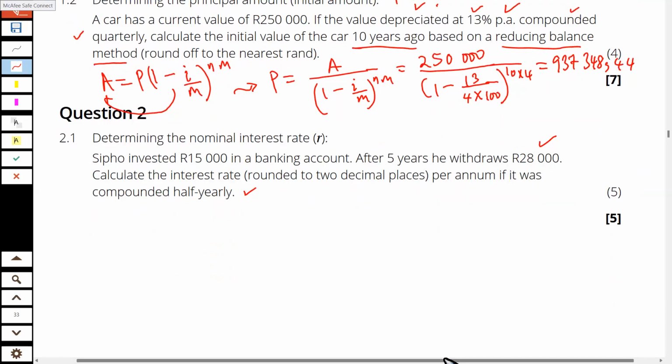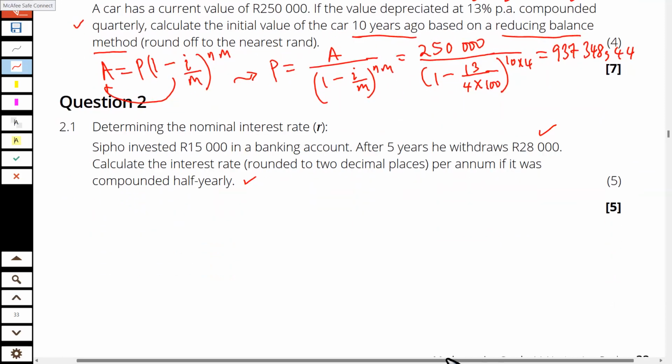This question about Sipho. Please let me know when you're done.